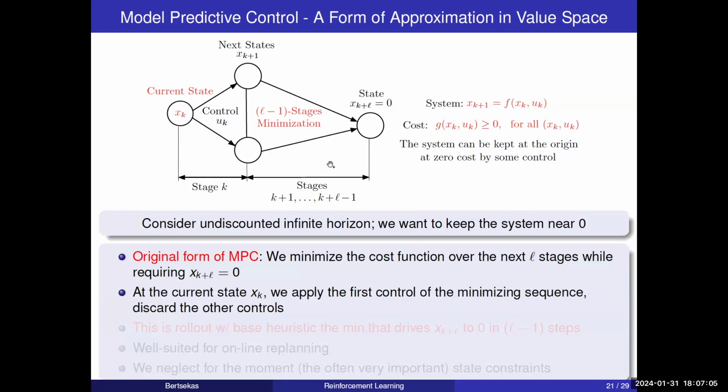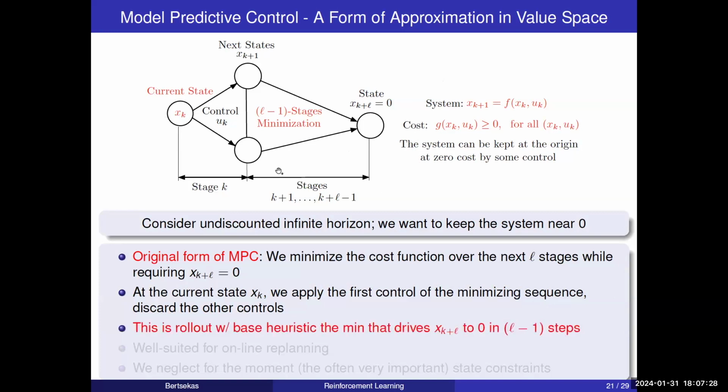So it has the character of approximation in value space. Remember, in approximation in value space, we do multi-step lookahead, perhaps followed by cost function approximation, rollout, and so on. And then we get a sequence from that lookahead minimization problem. We use only the first term of the sequence and throw away all the rest.